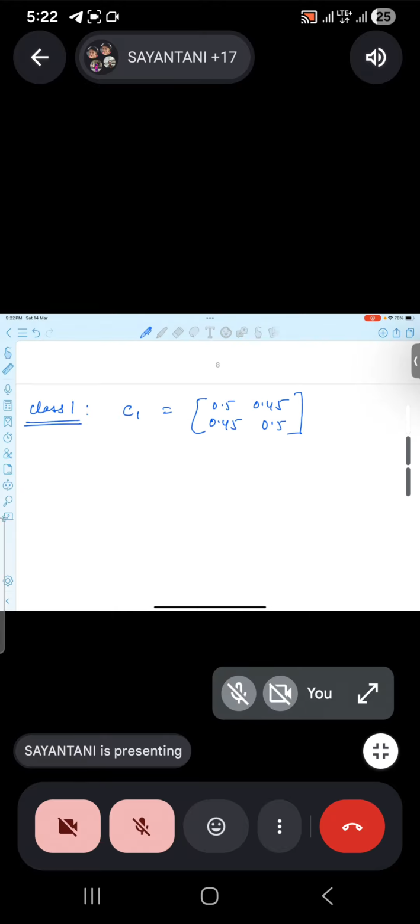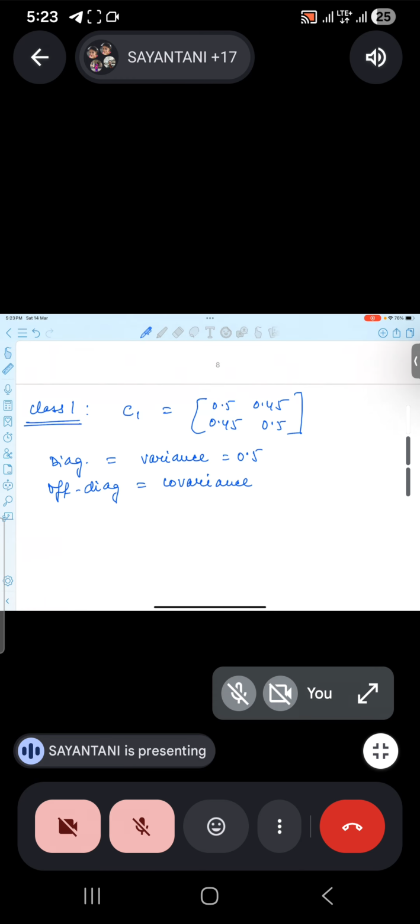Okay. And over here in the covariance matrix, the diagonal element is actually depicting the variance, which in this case is 0.5, and the off diagonal component actually depicts the covariance of the individual terms x1 and x2, which is same in this case, that is 0.45. Okay.